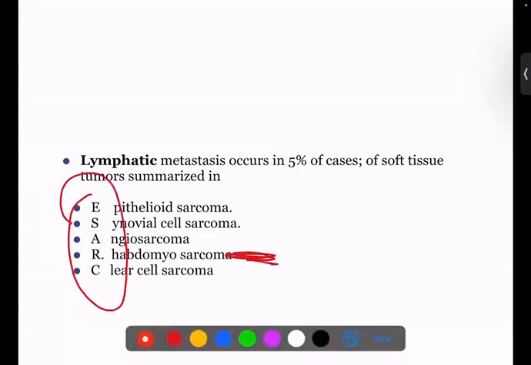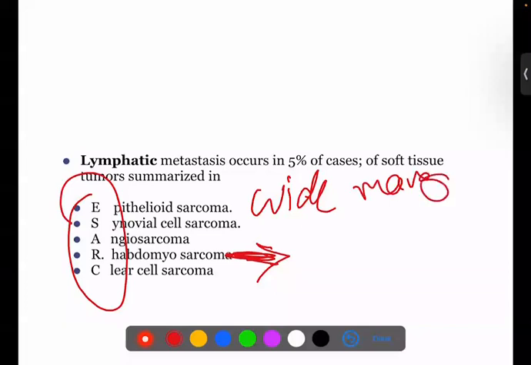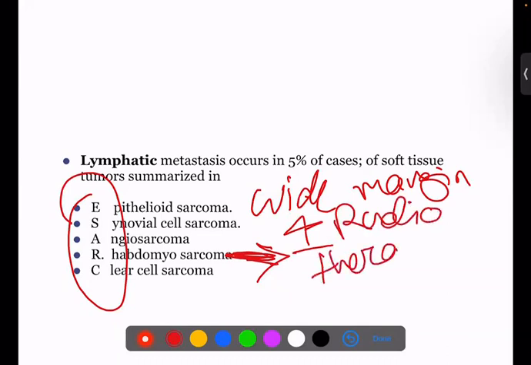Rhabdomyosarcoma is a soft tissue mass, and we said the general rule for soft tissue mass is wide margin plus or minus radiotherapy. Okay, but rhabdomyosarcoma responds well to chemotherapy.